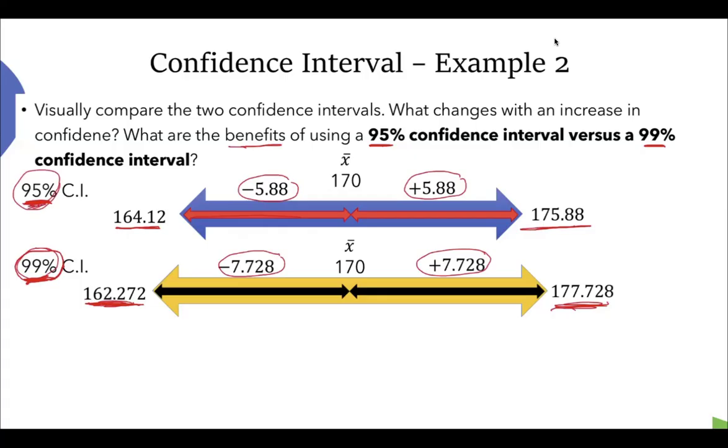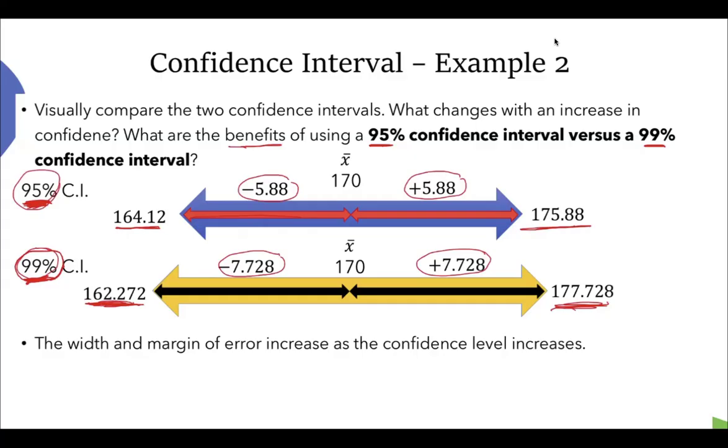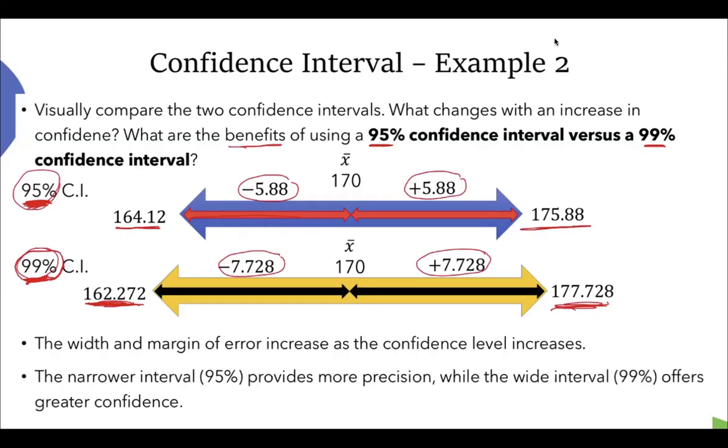So a lower level, 95%, gives you the more targeted estimate. So we see width and margin of error increase as confidence level increases, but the narrower interval, the 95% interval, provides more precision. The wider interval, 99%, offers greater confidence. So it's a give and take as to which level works best.